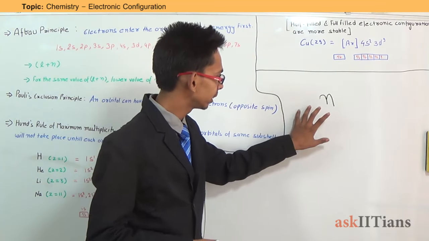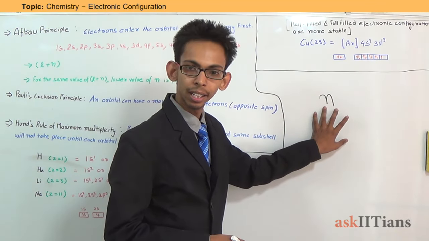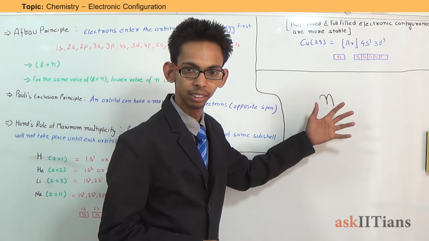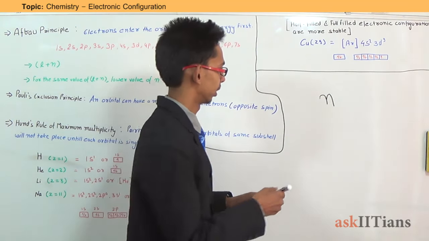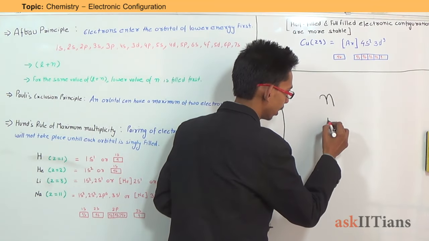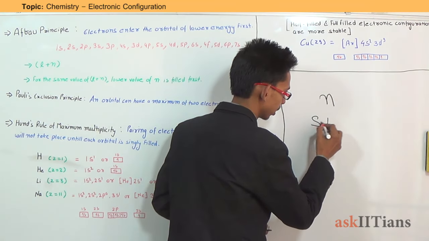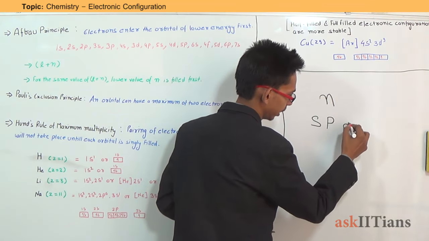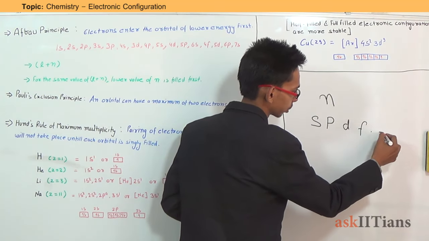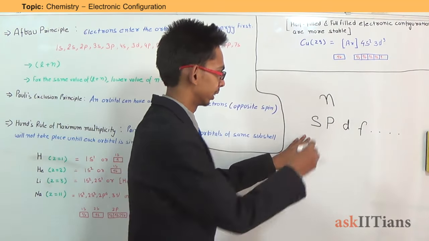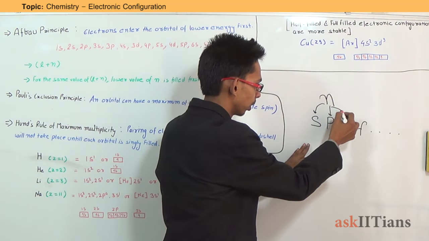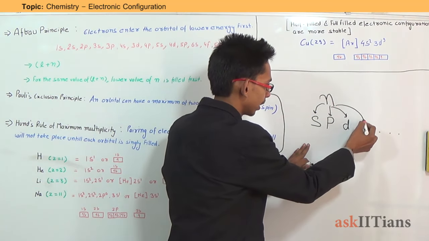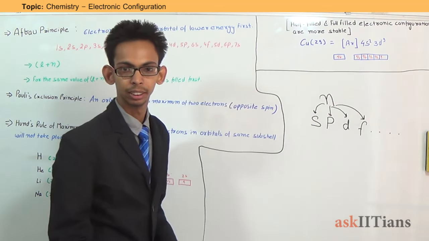Then these energy levels, or we can say shells, have some subshells which are denoted by S, P, D, F and so on. Shells or energy levels contain these subshells.